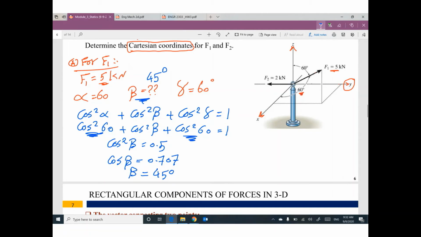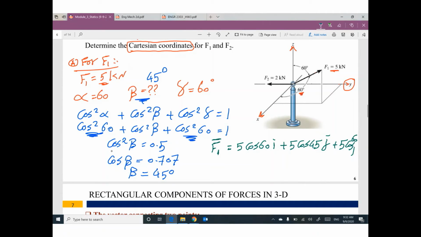This is the first step. Second step, we are looking for F1 as a vector. X component will be your force 5 cosine alpha. I 5 cosine 45. J 5 cosine 60.